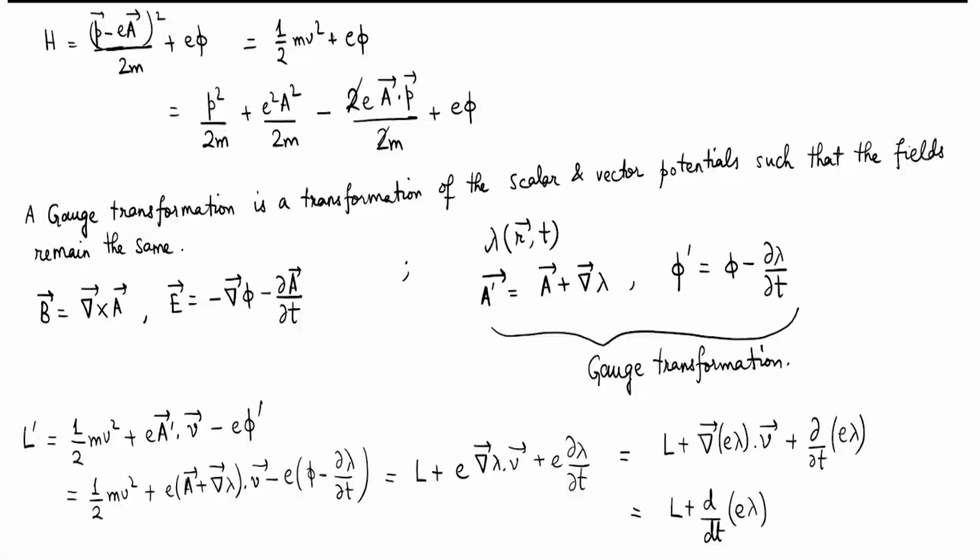So how is it coming? So grad of E lambda dot v plus del del t of E lambda is what?